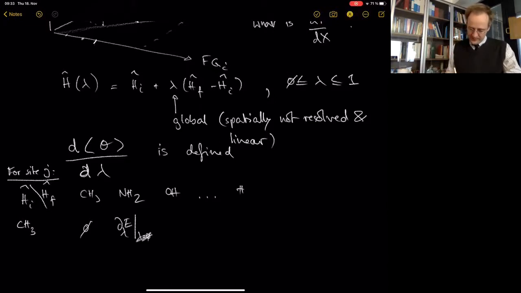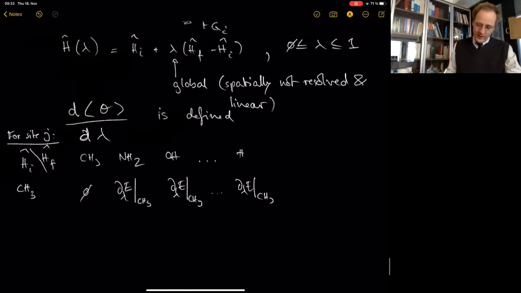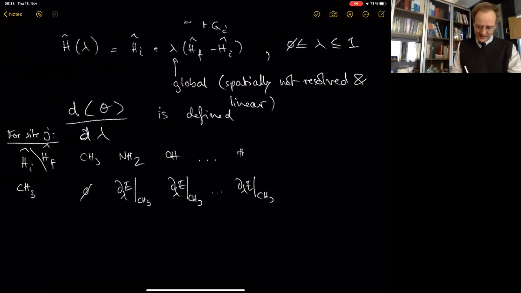So this lambda, and here you'd have the derivative going to hydroxy at methyl and so on. Here becoming the hydrogen at the methyl. And then you can do the same thing starting out with the ammonia group, right? And then now you're changing ammonia into methyl, right?